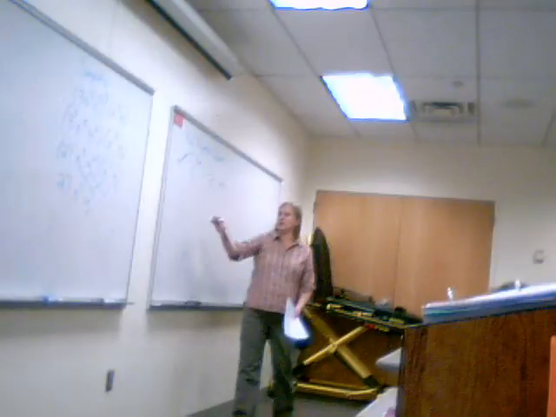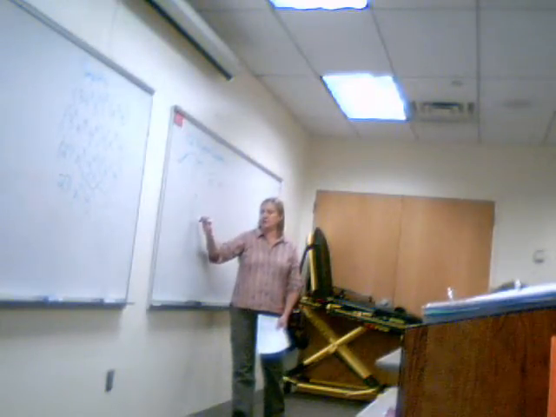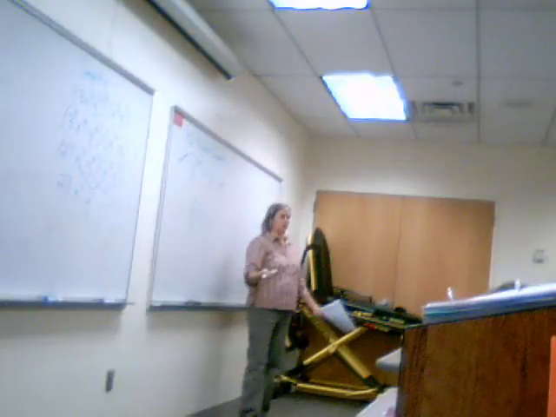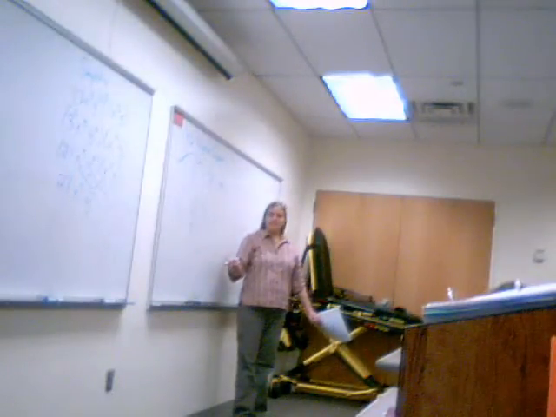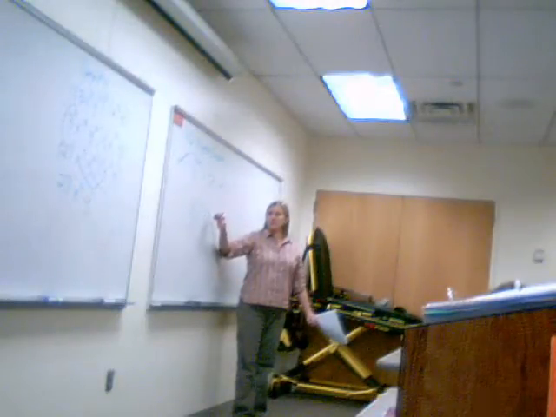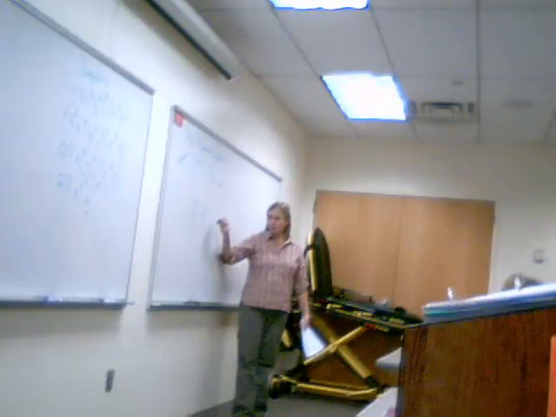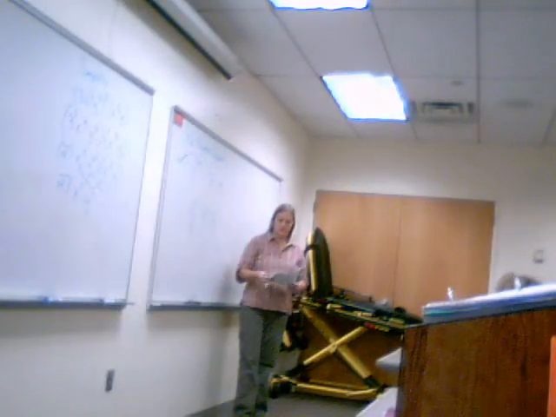So if we had y to the 4th divided by y to the 7th, using the quotient rule, what do we get? Y to the negative 3. What is another way to write it? 1 over y to the 3rd. 1 over y cubed. Very good.